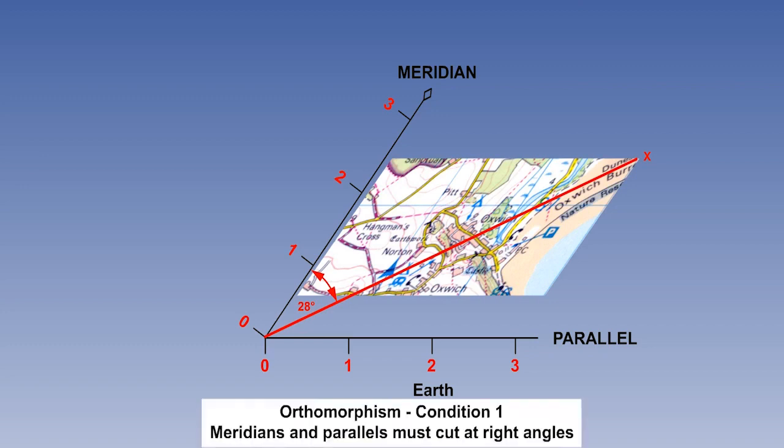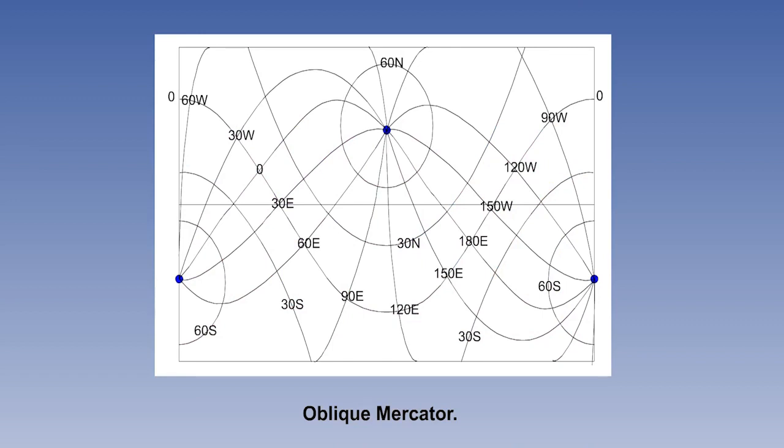It is therefore a necessary condition of orthomorphism that meridians and parallels cut at right angles on the chart. This does not mean that you have to have a rectangular graticule. This graticule may look odd, but it is orthomorphic. Meridians and parallels do cut at right angles.